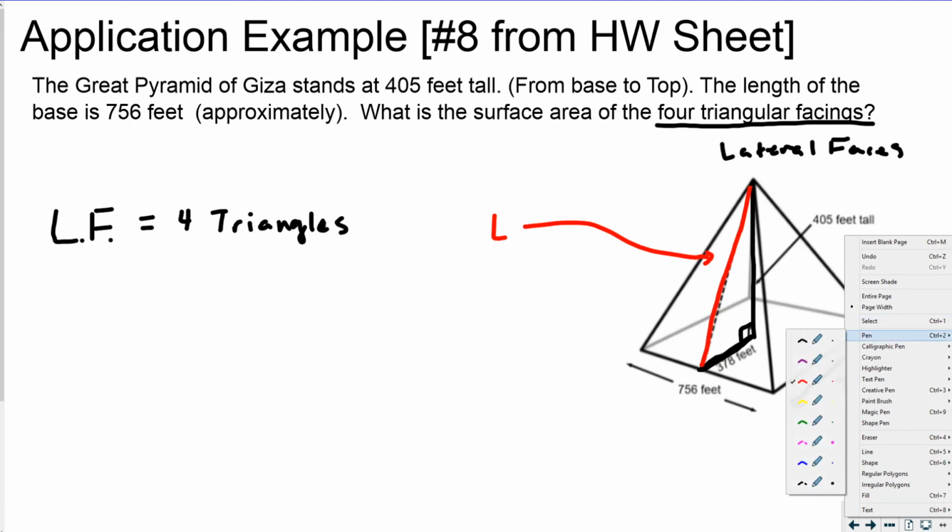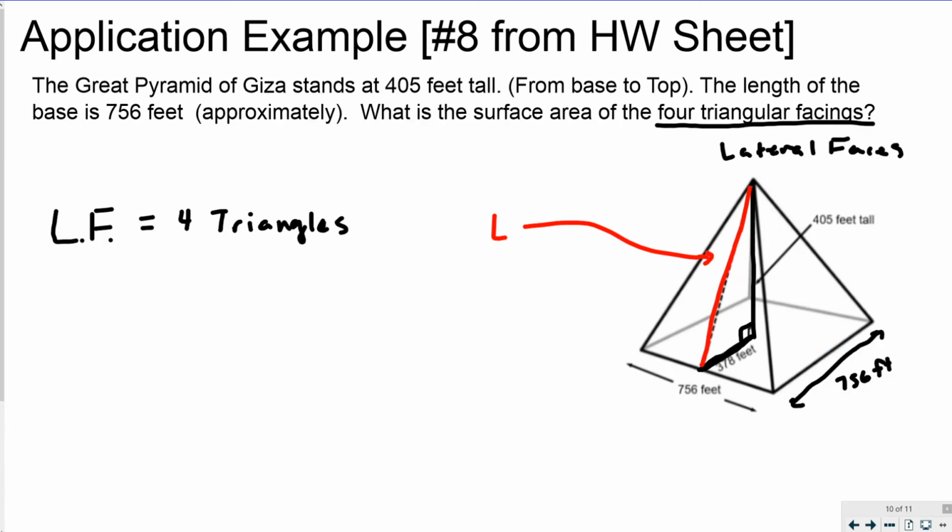In order to find it, we use the right triangle created here and the Pythagorean theorem to calculate the length of L. L is the hypotenuse, so it's easy enough to do. So we just need to do the Pythagorean theorem: 378 squared plus 405 squared is equal to L squared.